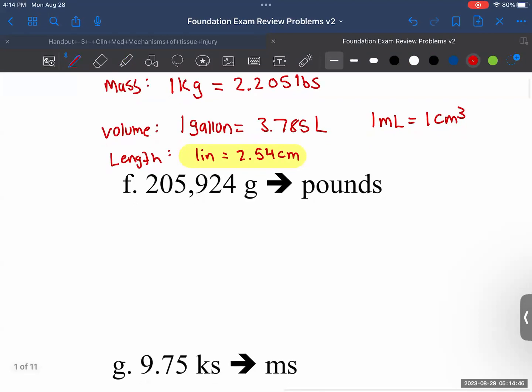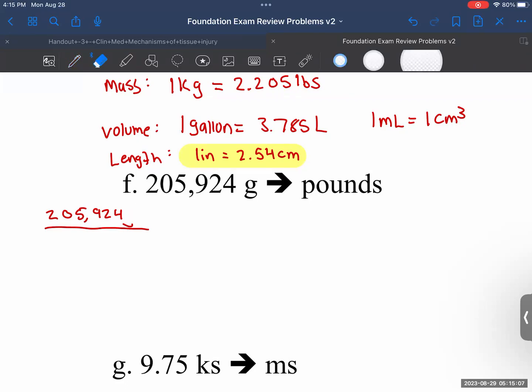All right, so let's start with our given and work our way down to pounds. 205,924 grams. That's a G, by the way. Okay, let me erase that. It's getting ugly.